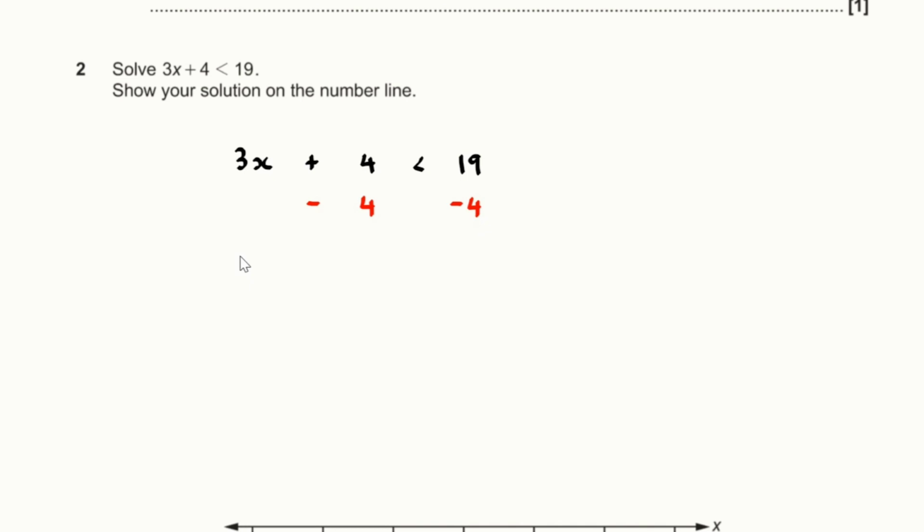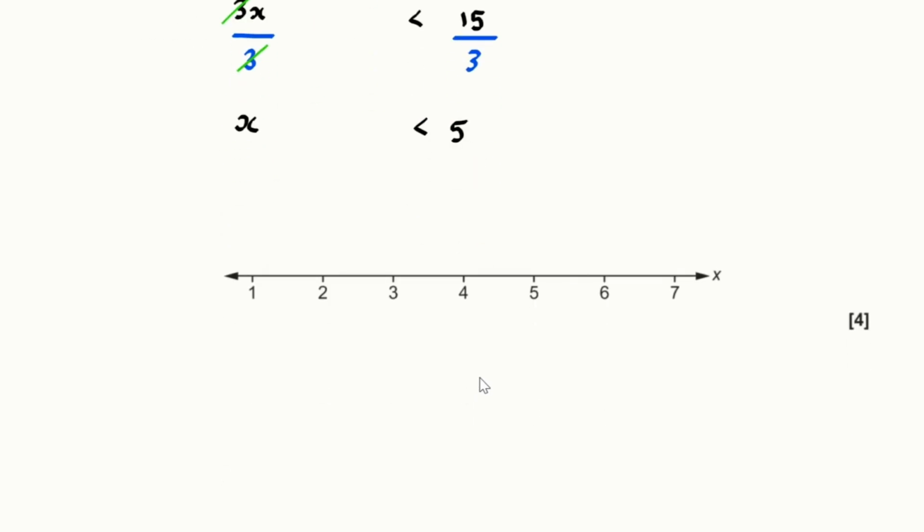That leaves us with 3x being less than 15. We now divide both sides by 3, and if we do that, we are left with x is less than 15 over 3, which is 5.